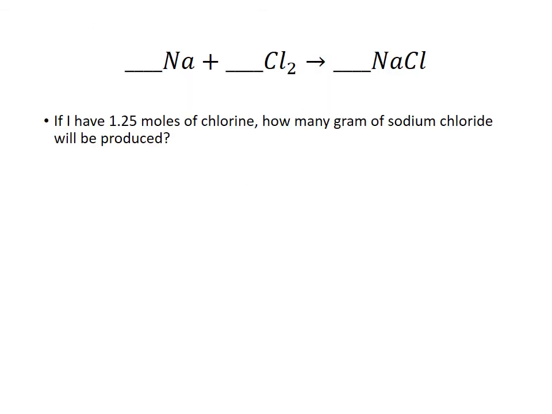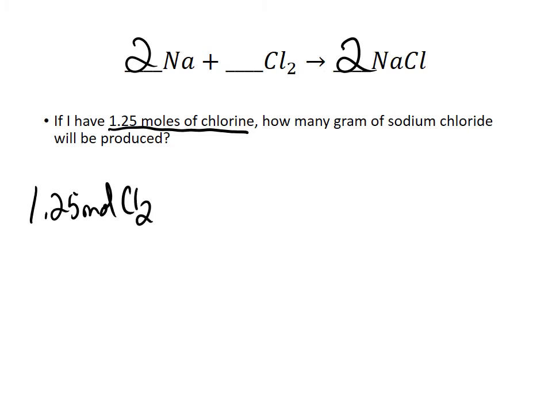Okay, we're going to try it again. And this time we have an equation, but it's not balanced, so we have to balance it. So I see there's 2 Cl's here and only 1 over here, so I'm going to put a 2 there. And then I changed my Na's, and there's 2 here, so I have to put a 2 here. All right, this time I'm starting with 1.25 moles of chlorine, which is Cl2.